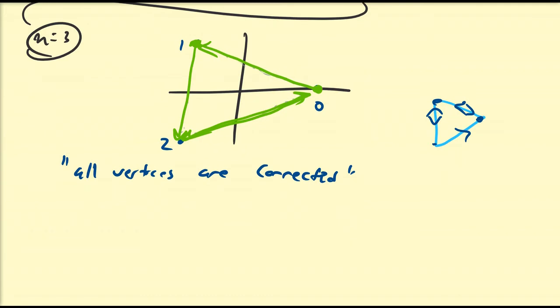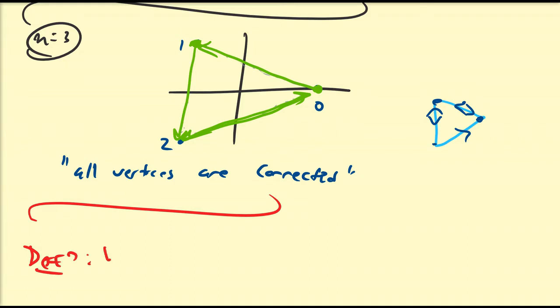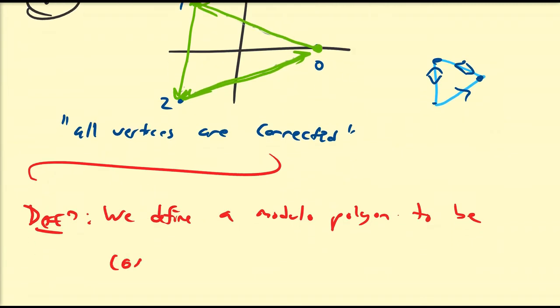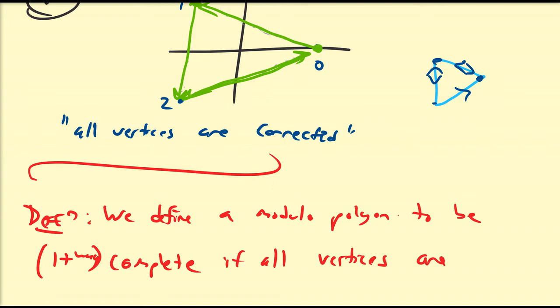All right, so let's define a terminology that I'm going to use here. We define a modulo polygon to be complete, or one can say 1+ way complete, if all vertices are connected.